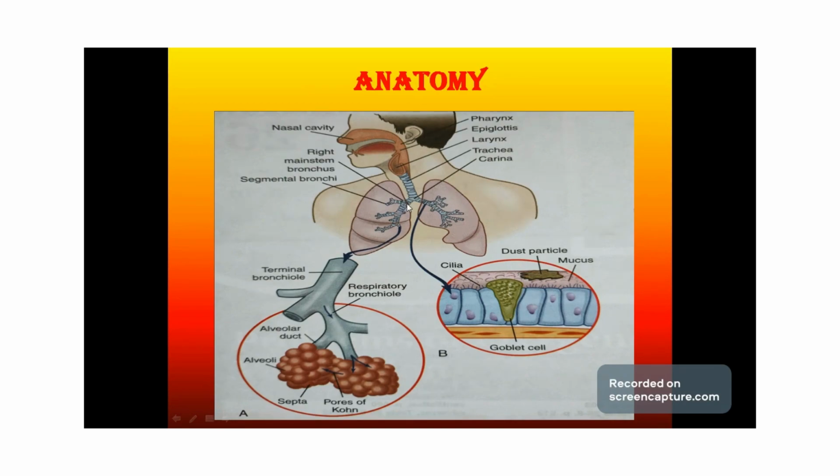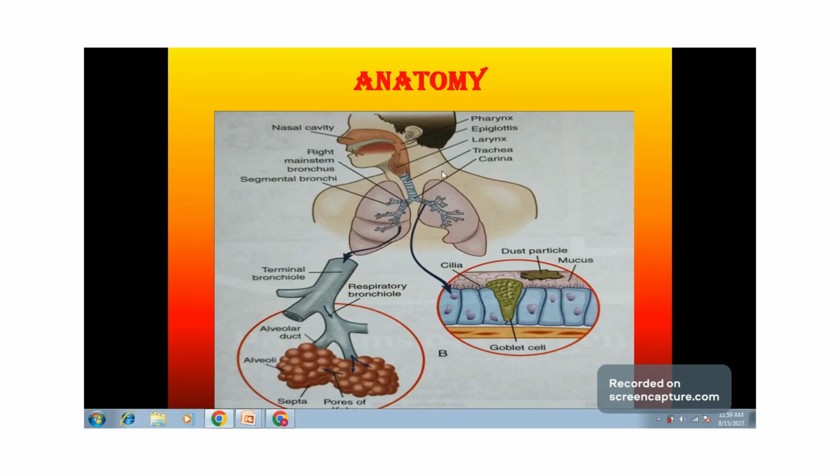Next, we are coming to the bronchioles. The bronchioles branch from the secondary bronchi and subdivide into small terminal or respiratory bronchioles. So these are the secondary bronchioles that enter the lobes. Now from these, branching will again occur and go into smaller terminal or respiratory bronchioles, right?